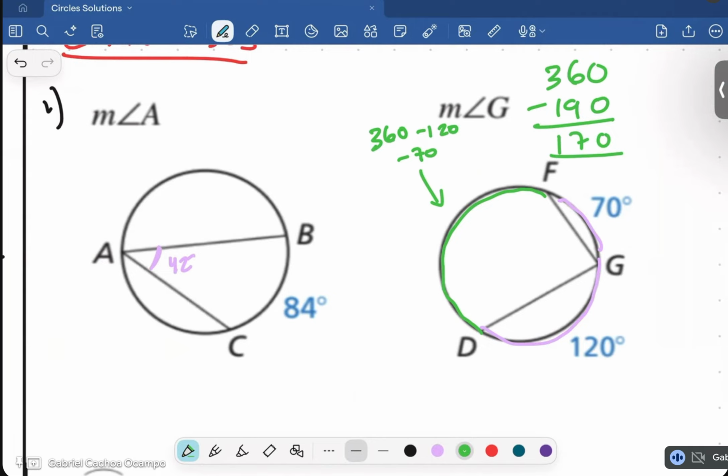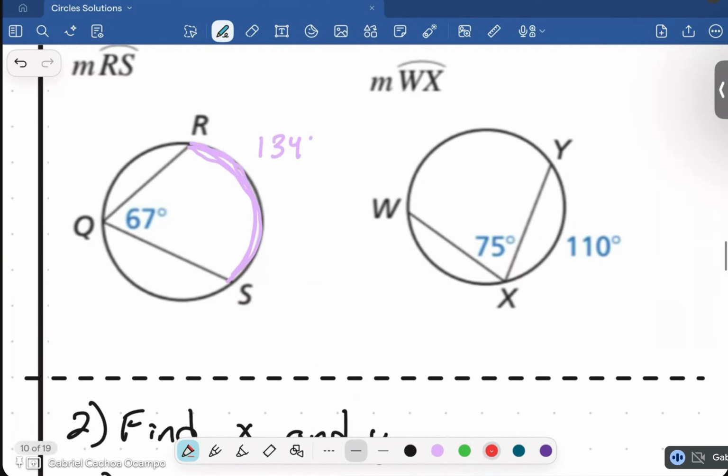So if this angle measures 170, then this measures half of 170, which is 85. Sorry, I don't have my calculator with me. That is making me very slow. Okay, but I can do it, and so can you.